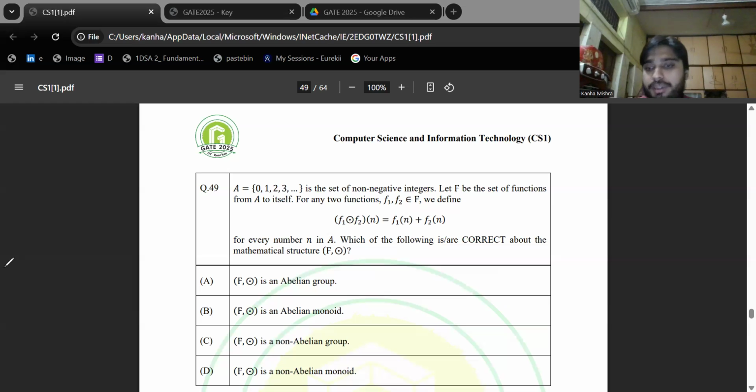That is false, because it is not a group and the operations are commutative. Is it a non-Abelian monoid? That is also false, because it is a monoid but commutative, so not non-Abelian. It is an Abelian monoid. So the answer is option B. This structure is an Abelian monoid.